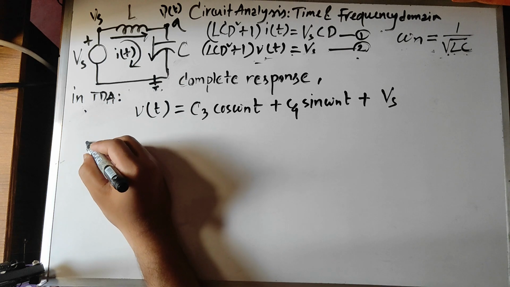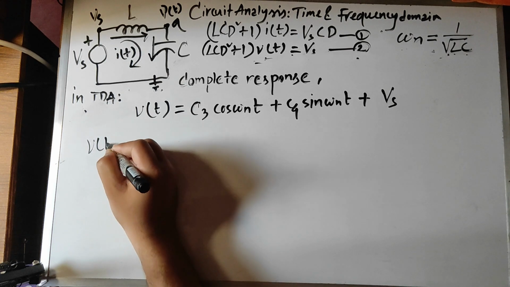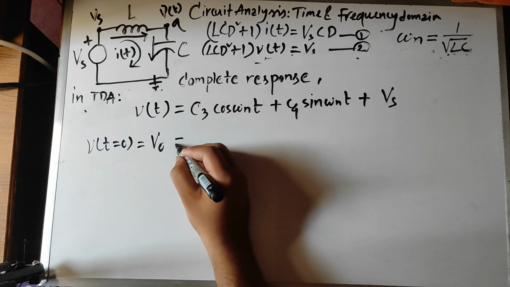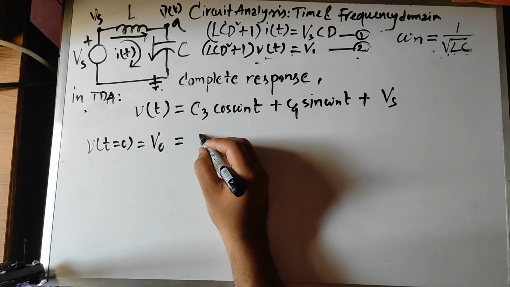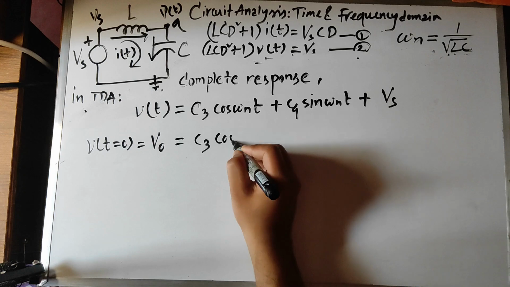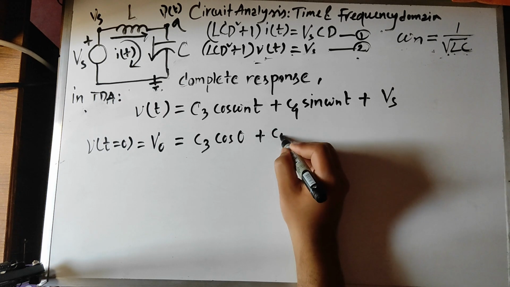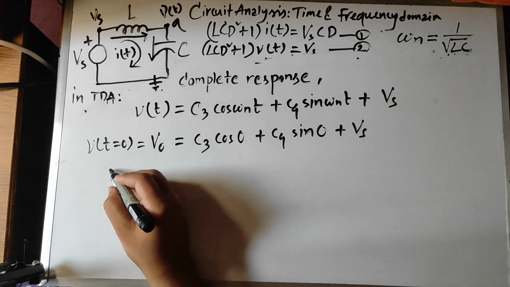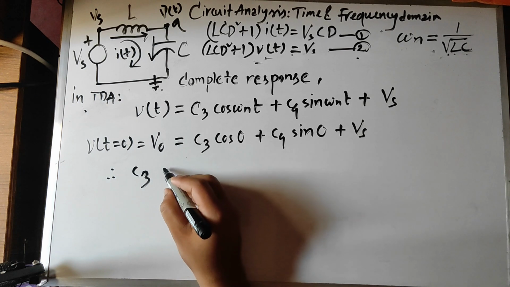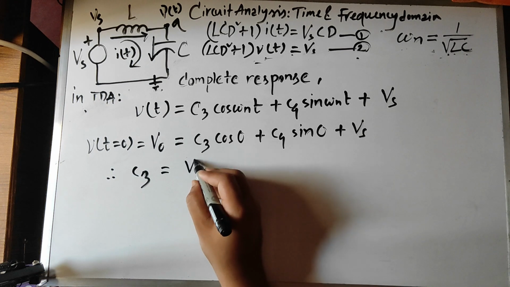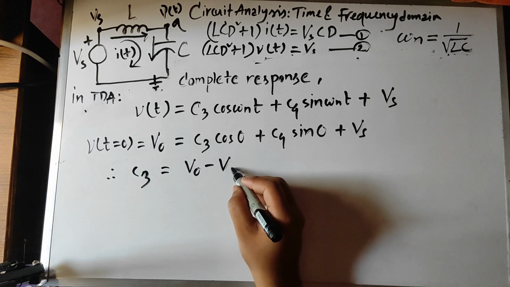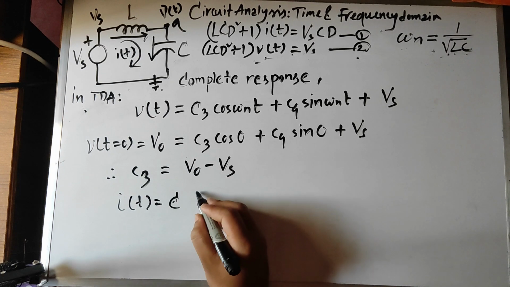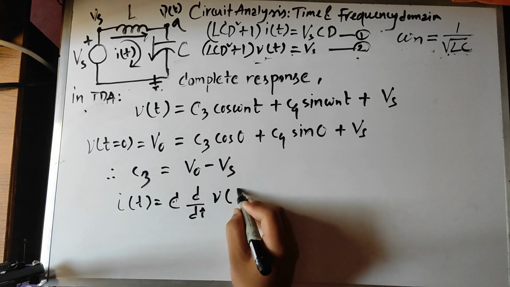So voltage at t equals 0 across the capacitor is Vo, which equals C3 cos 0 plus C4 sin 0 plus Vs, which gives us C3 equals Vo minus Vs. We know that current i(t) equals C d by dt v(t).